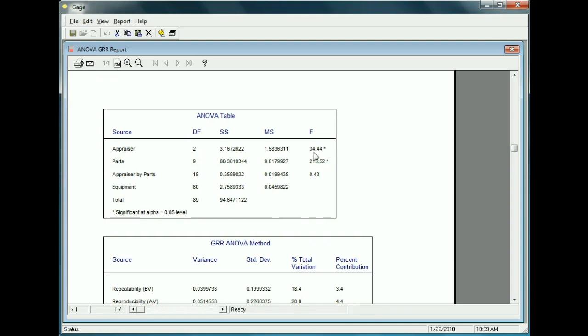When you work out the arithmetic, it comes out to be 34.44. Now, the bigger this F ratio, the more likely it is that the source of variation we're looking at is an important factor.